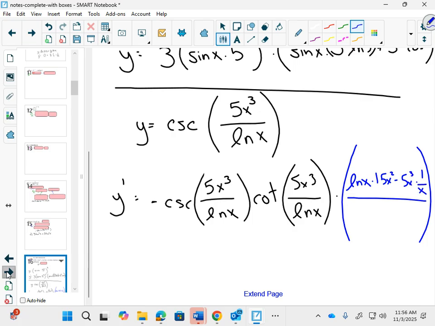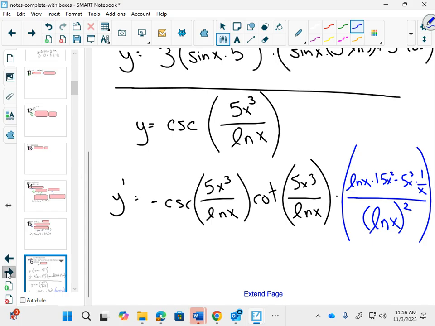Derivative of the bottom over the bottom squared. And this is our answer to this question. I wanted to show you a chain rule with cosecant because there's two x's in there. So it feels really wrong to keep it the same twice, but you keep it the same twice for both cosecant x and for secant x when you do those derivatives.